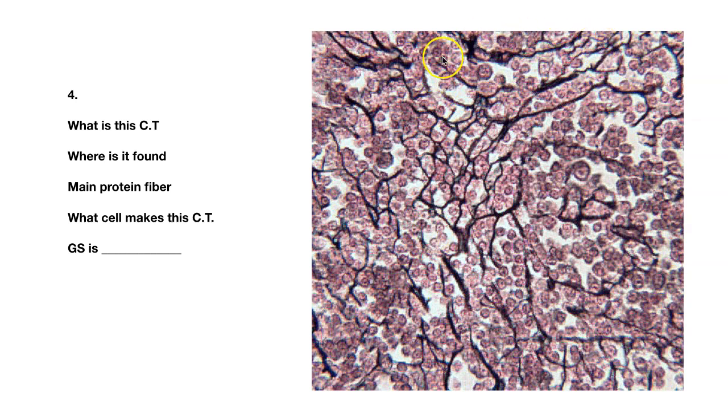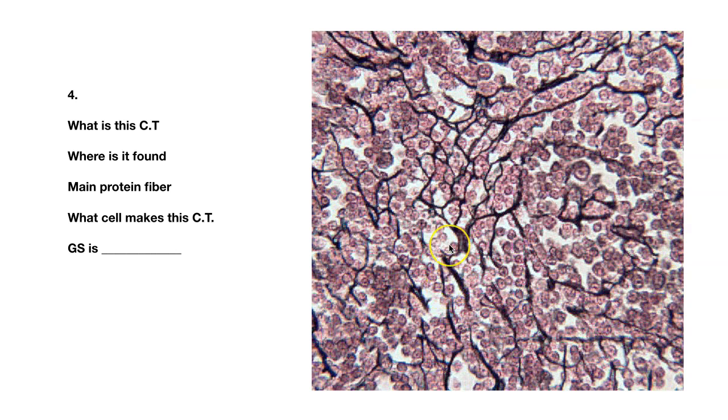Most of what you can see in the background are actually the cells of the organ that these reticular protein fibers are within. There's going to be some fibroblasts in here too that are making this protein fiber, but most of the cells you see are going to be the cells of the soft organ.